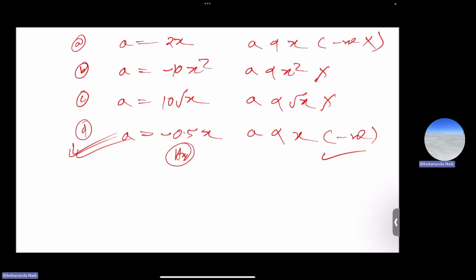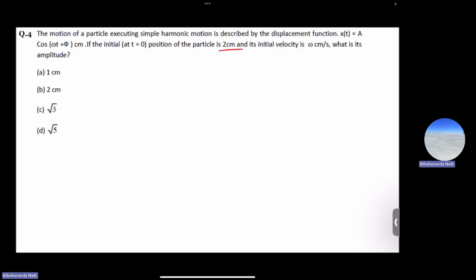Now we'll move to question number 4. Question number 4 says the motion of a particle executing simple harmonic motion is described by the displacement function x(t) equals a cos(omega t plus phi). If the initial position of the particle is 2 centimeter and its initial velocity is omega centimeter per second, what is its amplitude? Options are option A, 1 centimeter; option B, 2 centimeter; option C, root 3; and option D, root 5.